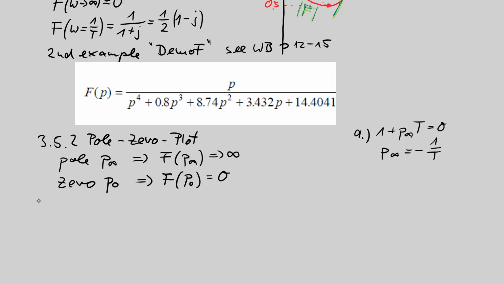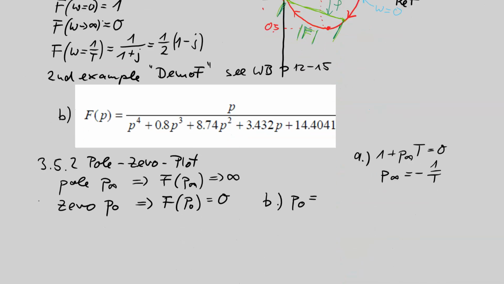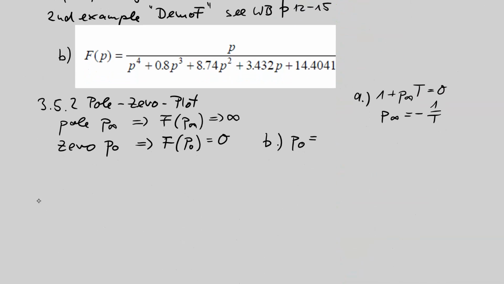In the case B, we can see at once what zero we have. The zero of example B, and this is example A. Example B has a zero at 0, and the poles are the zeros of the denominator polynomial function.